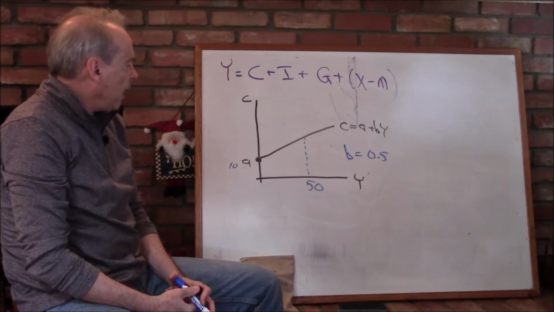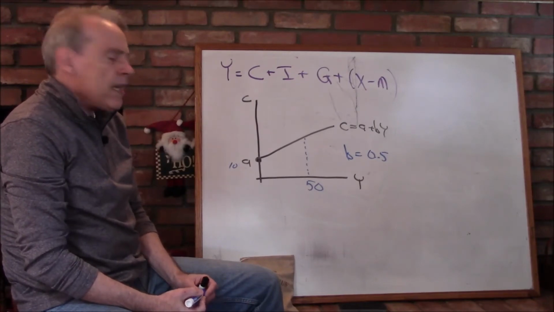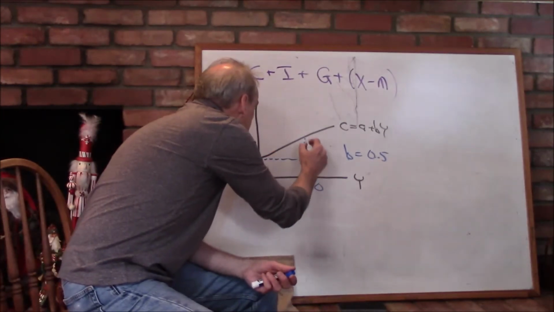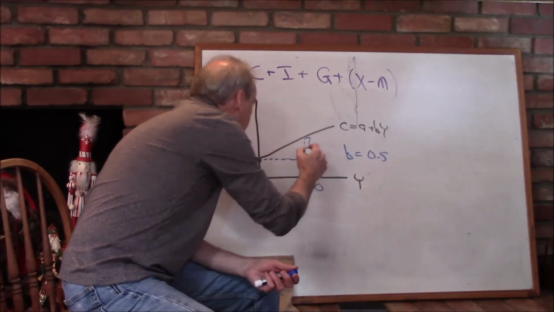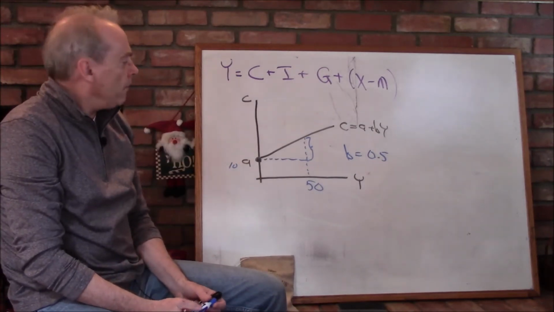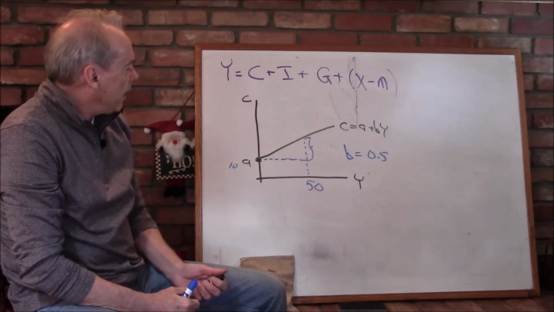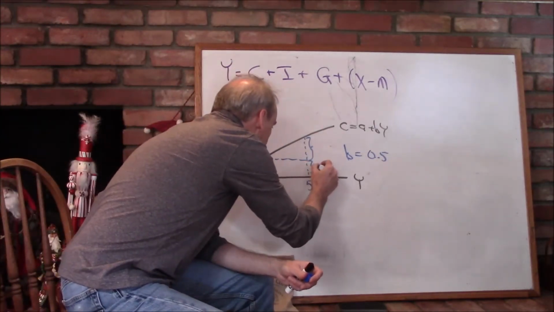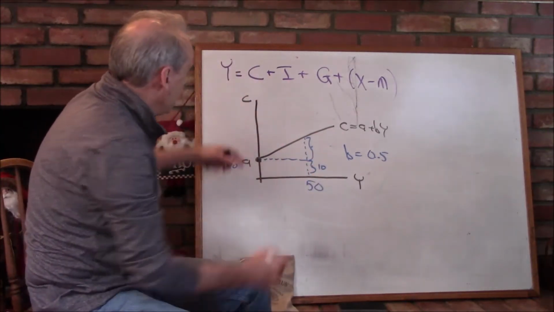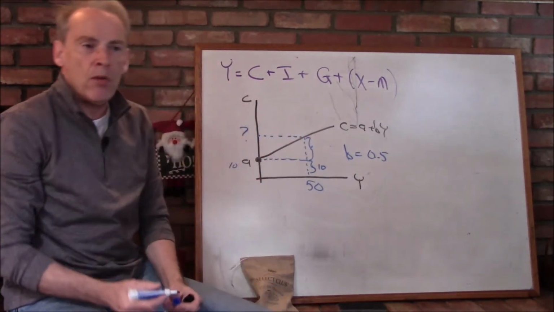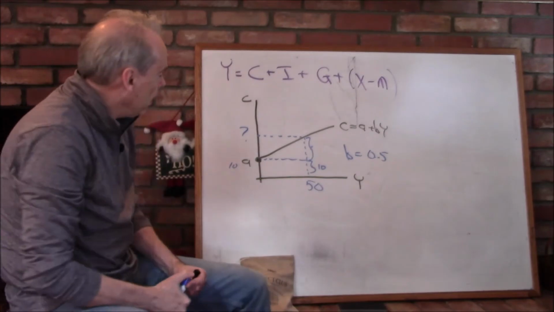So, if B is 0.5, then how big is that? If B is 0.5, then we know we've got 10 so far for consumption. Right? Consumption is going to be equal to this number over here, which for now we'll put down as a question mark.